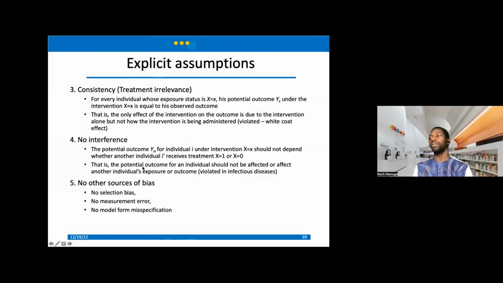Right. Consistency just means that when you implement an intervention, the effect of the intervention on the outcome is only due to the intervention itself. It should not be due to how the intervention is being administered. Imagine, and this is the classical example, what we call the white coat effect.